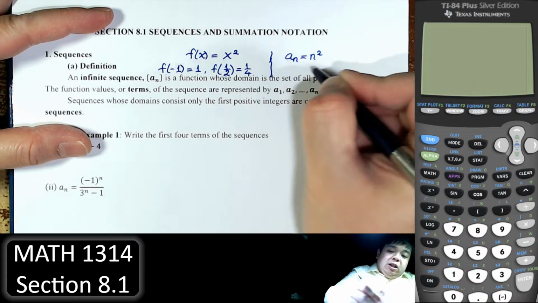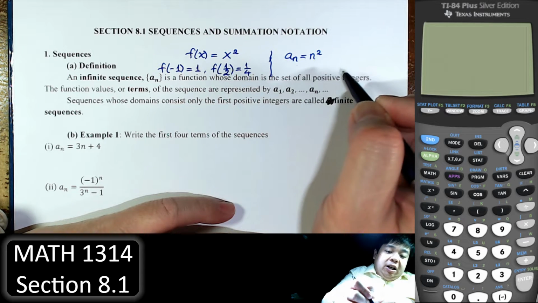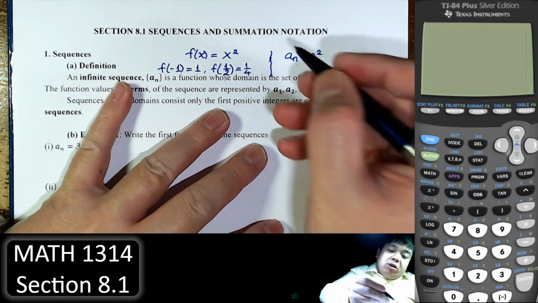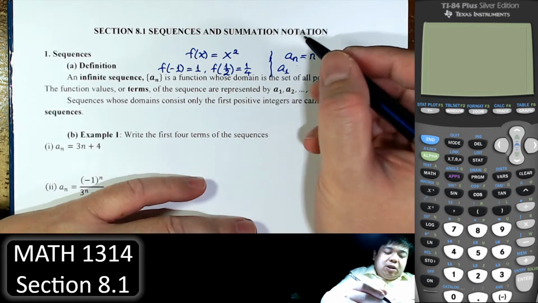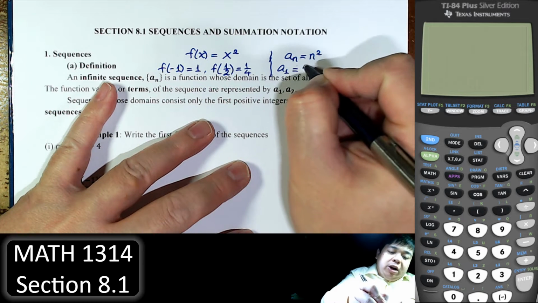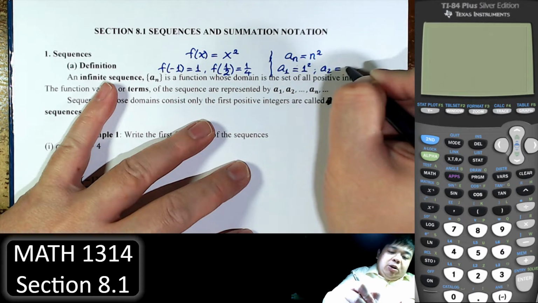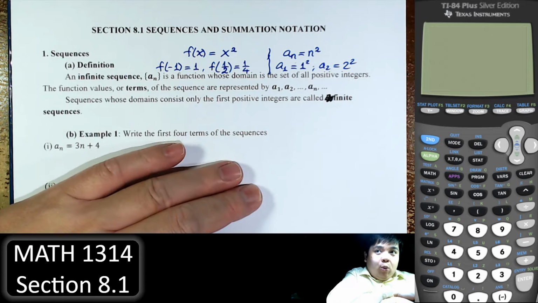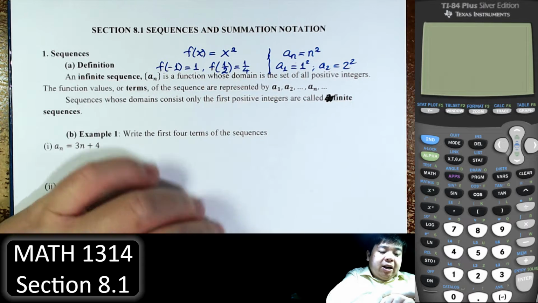However, in a sequence, n cannot be anything but a natural number. So we start with a sub 1. Of course, we could start with a sub 0 too, but we have a sub 1 equal to 1 squared, a sub 2 equal to 2 squared, and so on. We do not have a of 1/2. So that's the difference, and that is the notation.